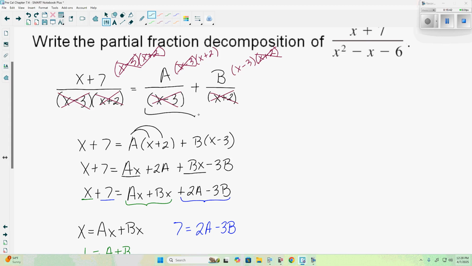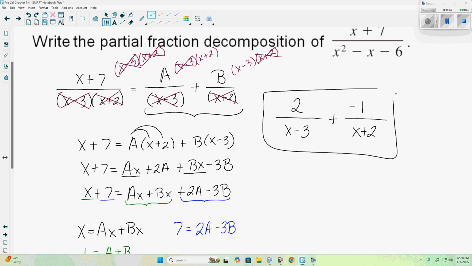So what we had was this here. A over x minus 3 plus b over x plus 2. So we found a to be what? 2, and b to be -1. That right there is the partial fraction decomposition.